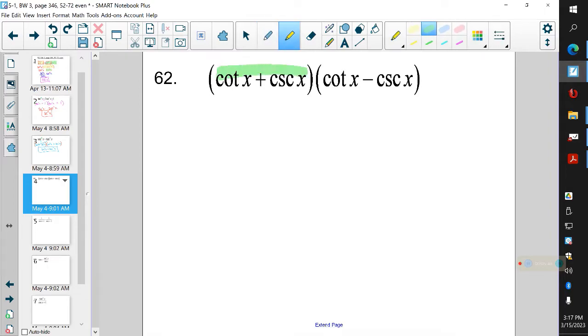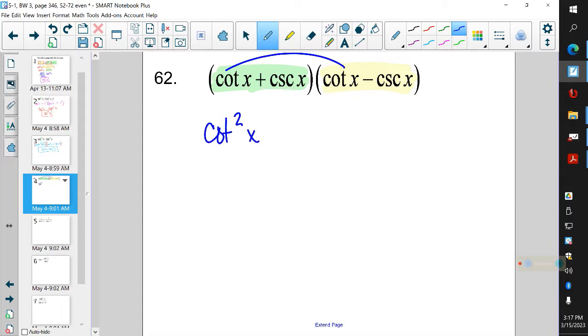Look at these lovely little binomials. They are exactly the same binomial except for the signs are opposite. Those are what we call conjugates. When you FOIL conjugates, you do the first and you do the last. After you FOIL, it says to apply the identities appropriately.